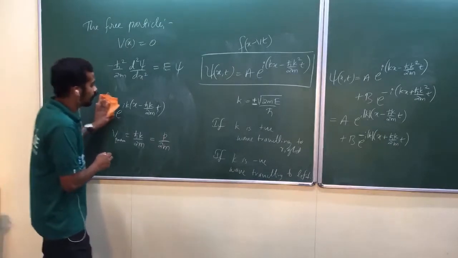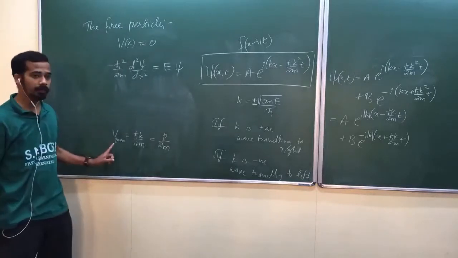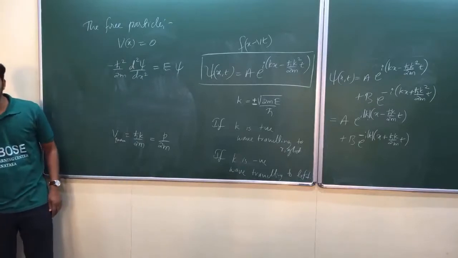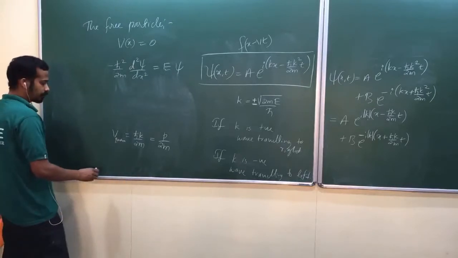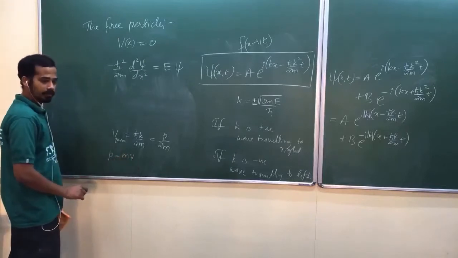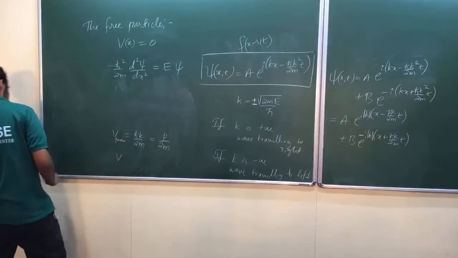When you see this wave function, it feels like quantum mechanical wave traveling with this velocity. But what is particle velocity? If p is momentum, what is particle velocity? p is equal to m into v. Am I right? What is velocity? Can I write v classical?